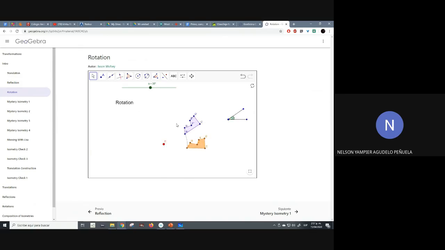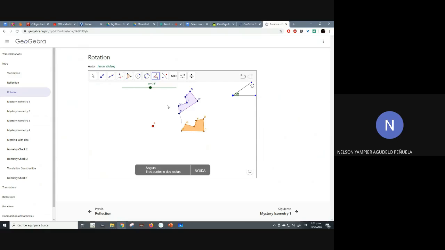So look what happens in the figure. I am going to measure the angles from some points going through P and ending in the image. So let's start with B. If we measure from B to P to B prime, que es la imagen, 35 degrees. So let's do it with another one. Let's do it with D. From D to P to D prime, it's also 35 degrees.